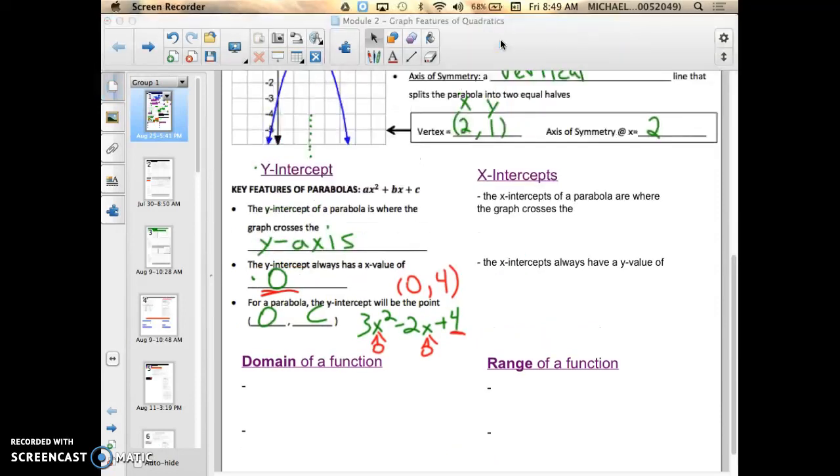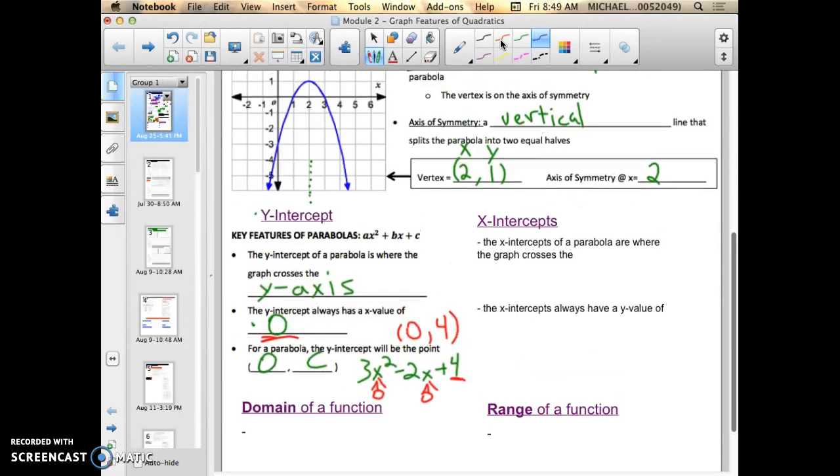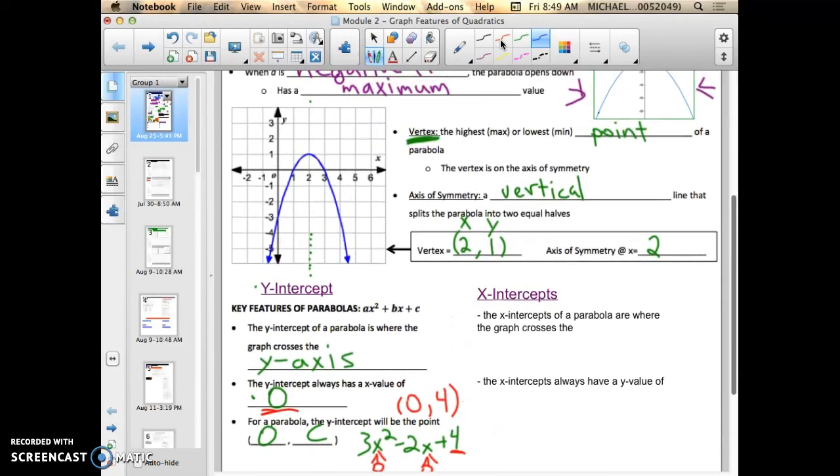Alright? Now, graphically, finding the y-intercept is really pretty straightforward as well. It's where it hits the y-axis. So if I look at this blue parabola up here, I see that it hits the y-axis right there. It crosses over, it intercepts with the y-axis right there.